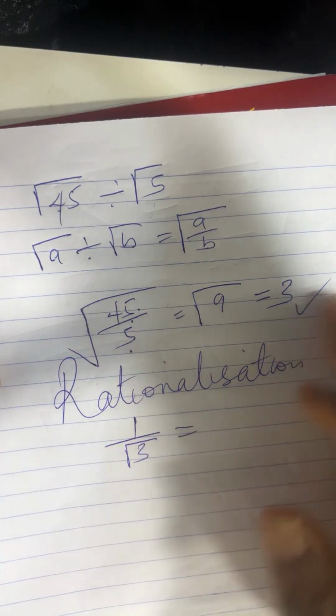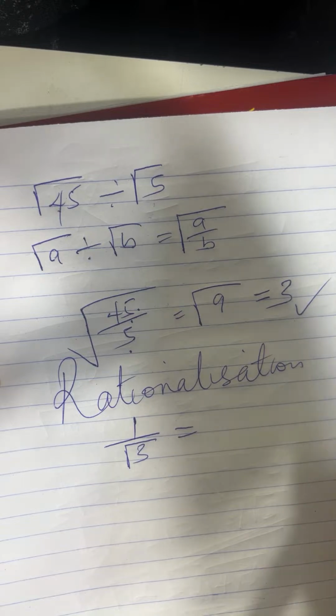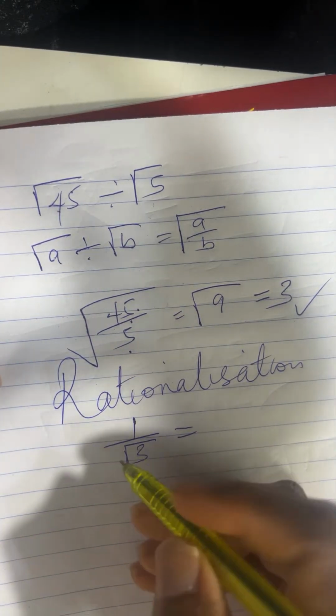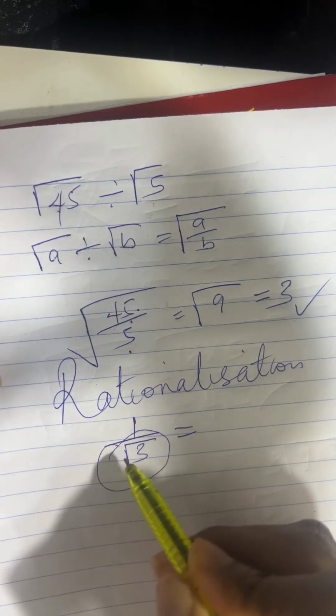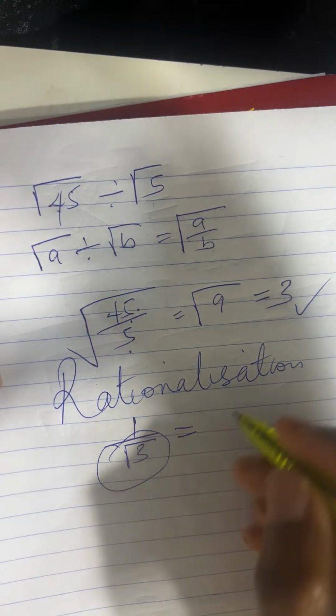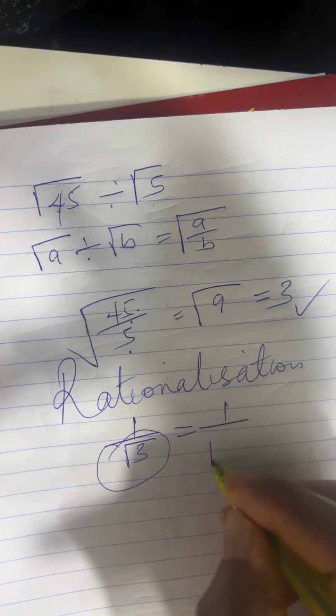We are trying to rationalize this surd. To rationalize this surd, it is very, very easy. What do you have to do when you are trying to rationalize a surd like this? Our goal is to remove this irrational part from the denominator. That's the goal. So what you need to do to be able to rationalize this surd is just simple.